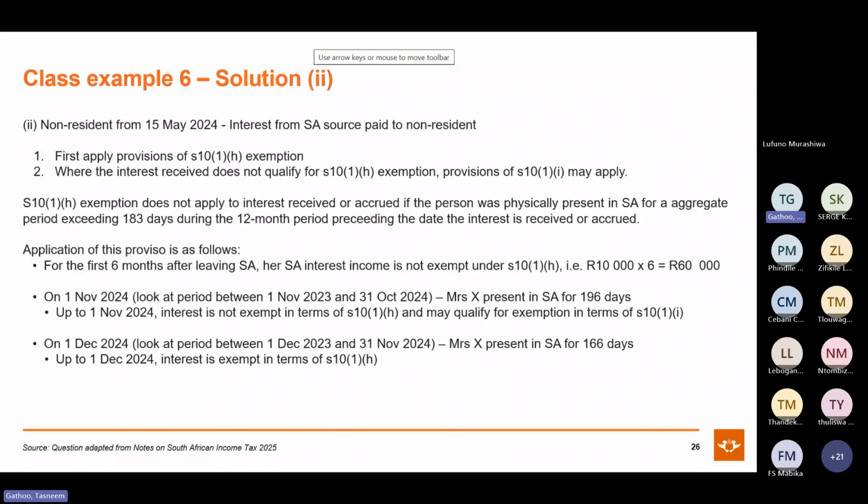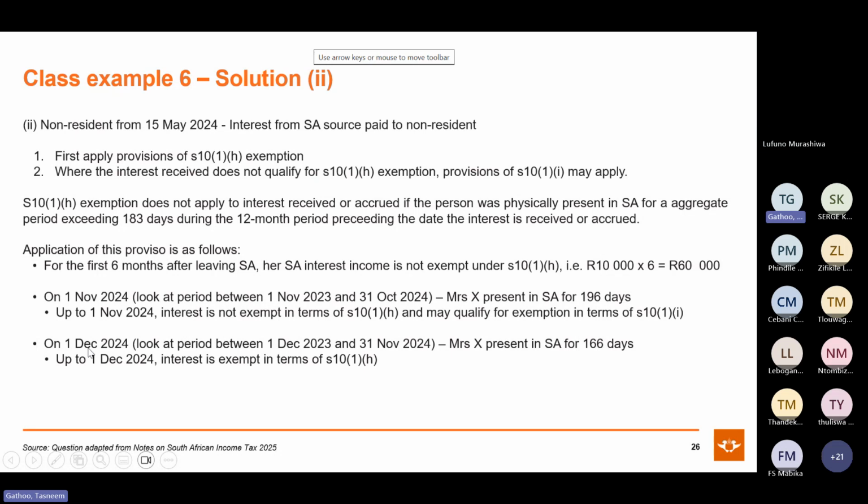And if we calculate that period, Mrs. X was present in South Africa for 196 days. So that means that up to the 1st of November, any interest that she earned will not be exempt in terms of Section 101H, but may qualify for exemption in terms of Section 101I, right?